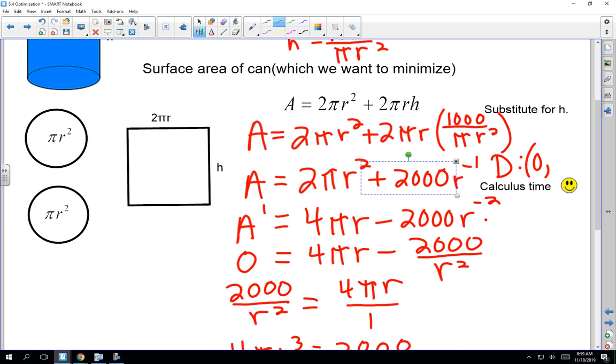So 150 plus 400, 650-ish, I think, was the surface area there.